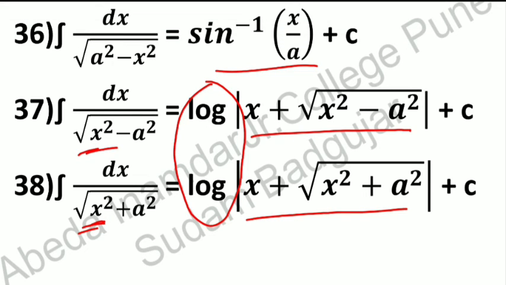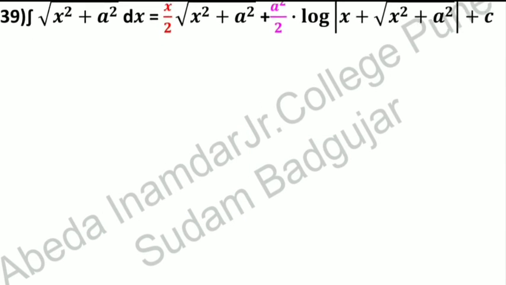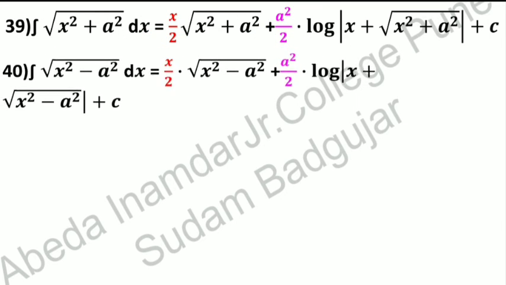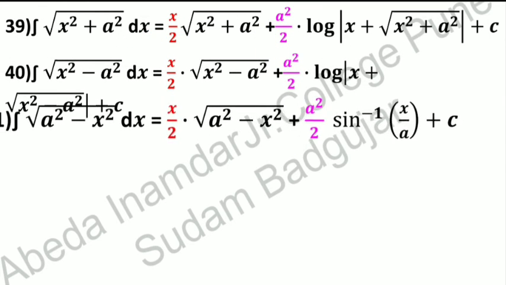See here, previous was 32 to 34, that is dx upon sum or difference of perfect square terms. Here 36 to 38, that is dx upon under root of sum or difference of perfect square terms, but which is at numerator. See formula number 39 to 41, all are at numerator.